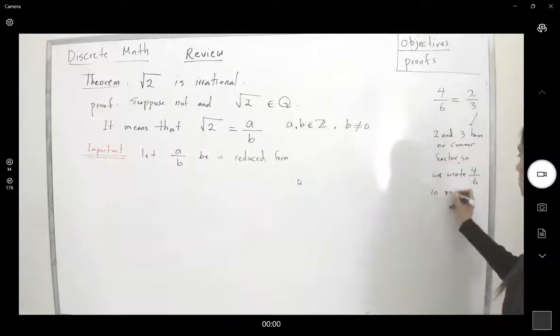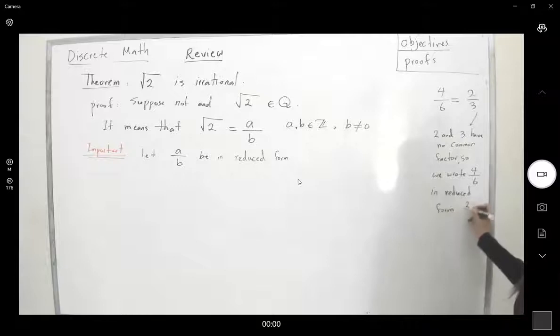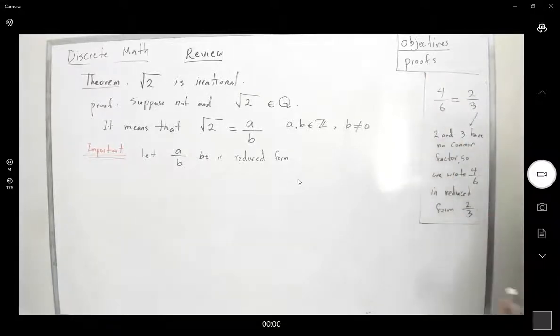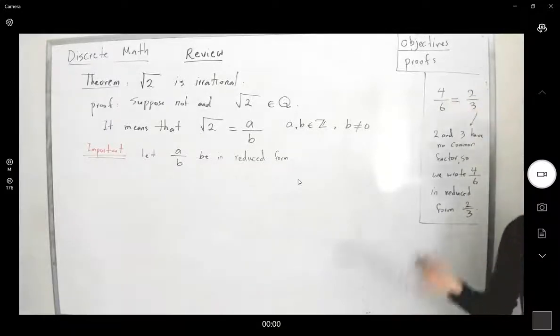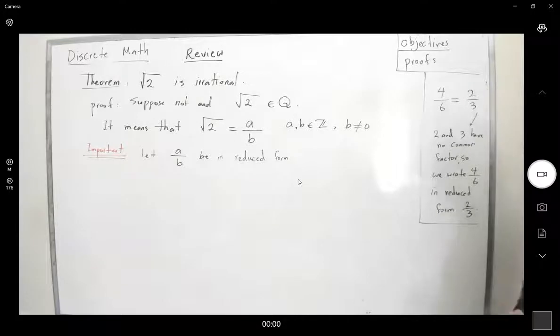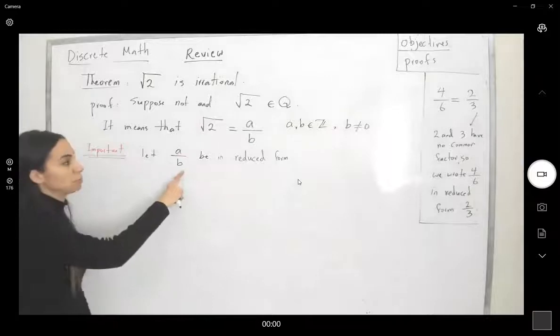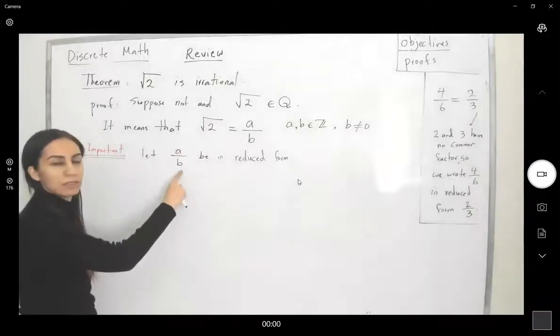This is what you learned from algebra. We just simplify the fraction and write it in reduced form. So there is no common factor between a and b. Very well.